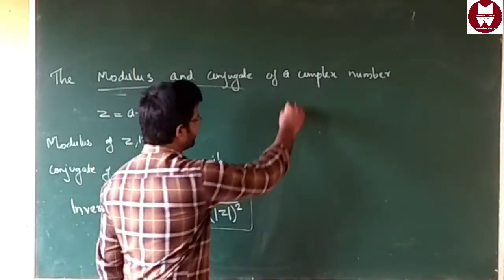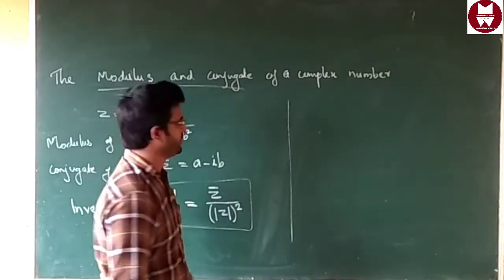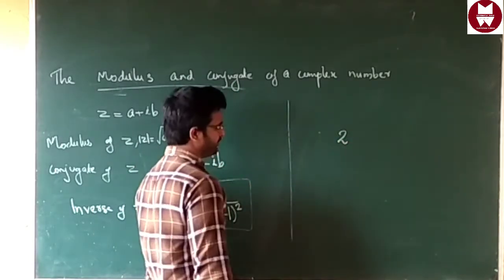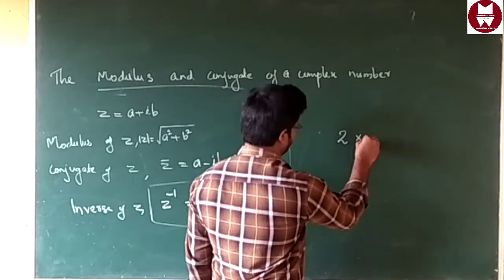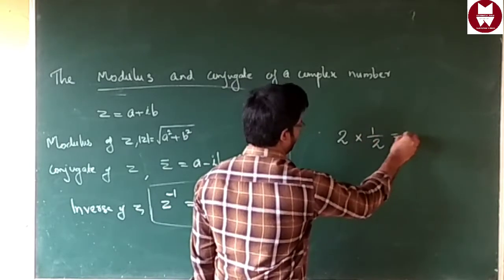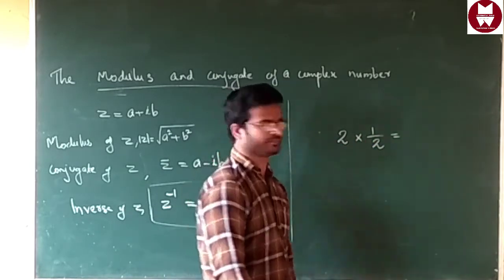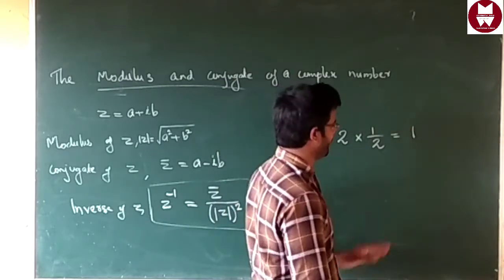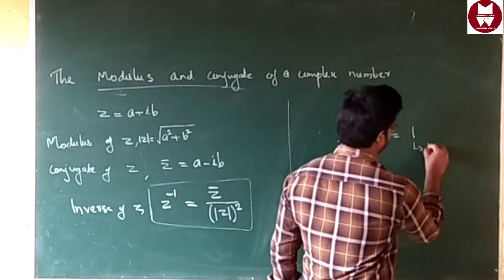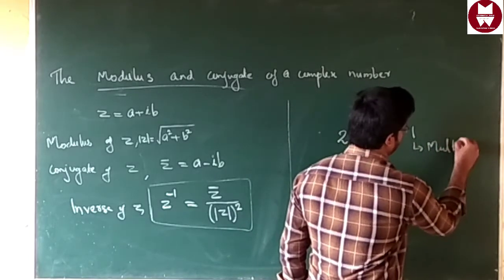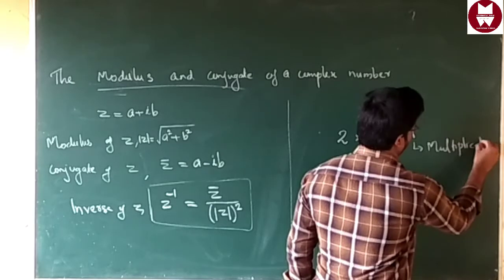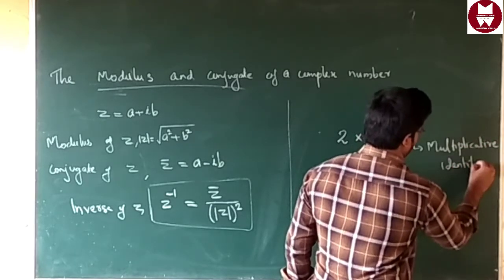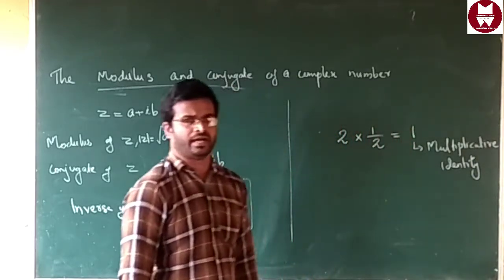Then what is the multiplicative inverse? Let us consider one number, 2. Then 2 and we are using 1 by 2. 2 into 1 by 2, what will you get? You will get 1. This 1 is known as the multiplicative identity.